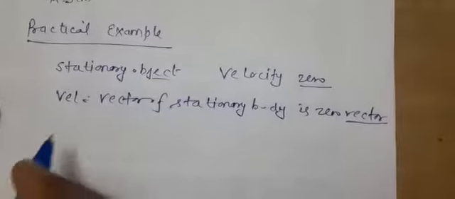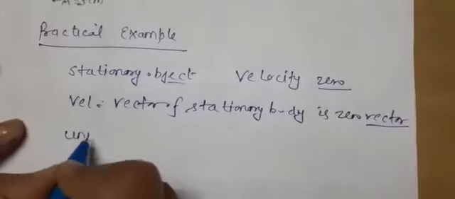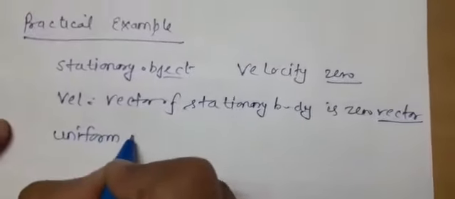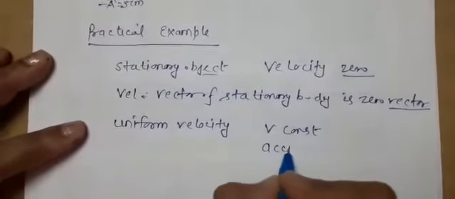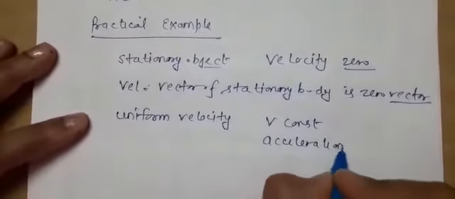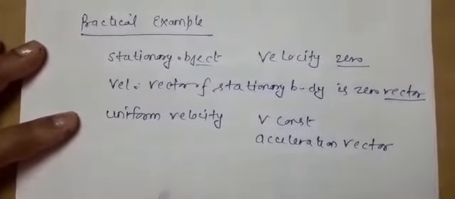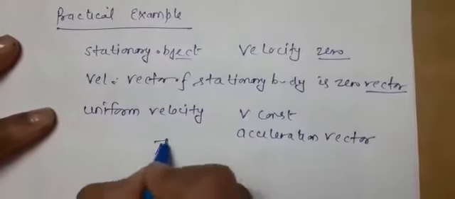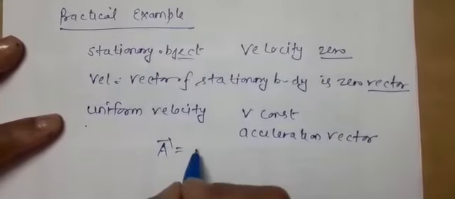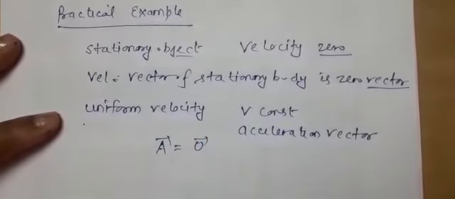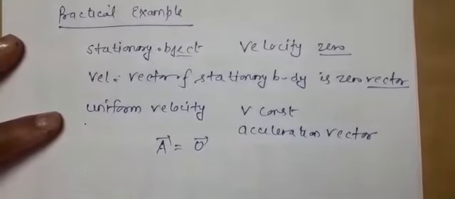Similarly, suppose a body is in uniform motion. When a body is in uniform motion, the velocity is constant. So what will be the acceleration? The acceleration vector for a body moving with uniform velocity will again be a 0 vector, because there is no acceleration.